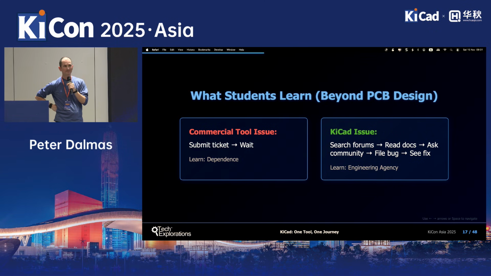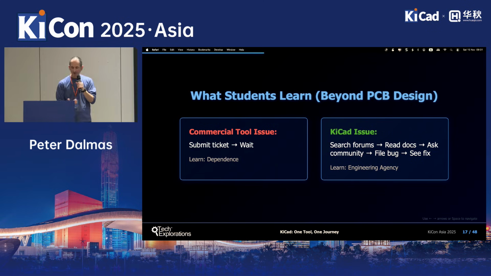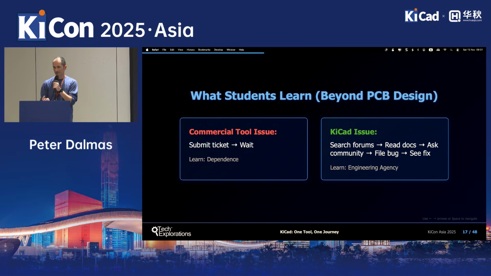Problem solving, yeah. It's kind of active, right? When you're trying to solve a problem, you actively engage with the problem. You're not passive. So you're trying to research it, you try to understand what the problem is, and then you're trying to find a solution. So when I use commercial software, I can't do that, right?